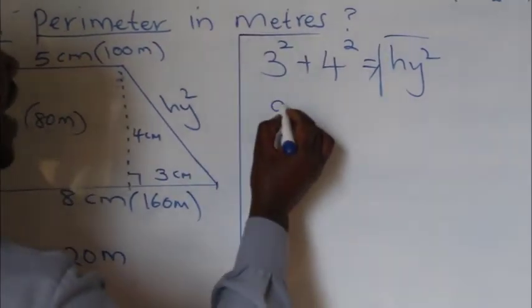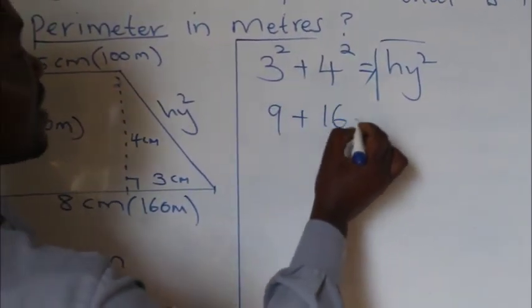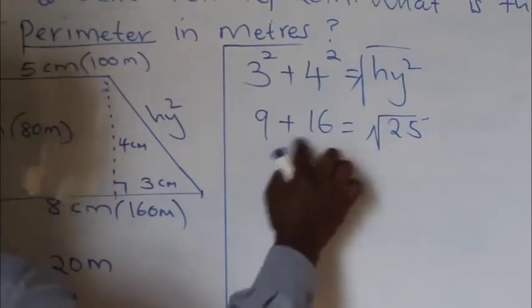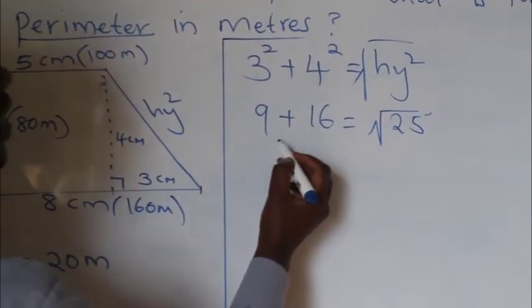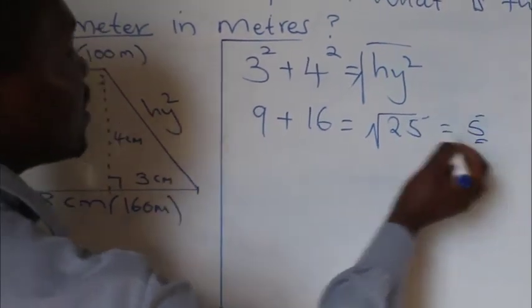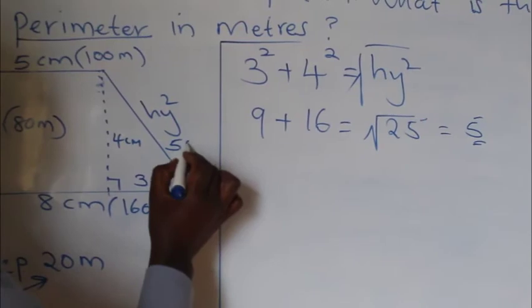So 9 plus 16 is 25, and the square root of 25 is 5. So this 5 here is the hypotenuse.